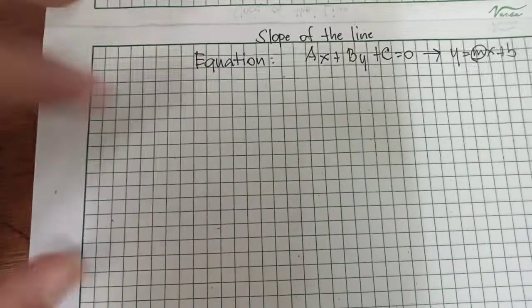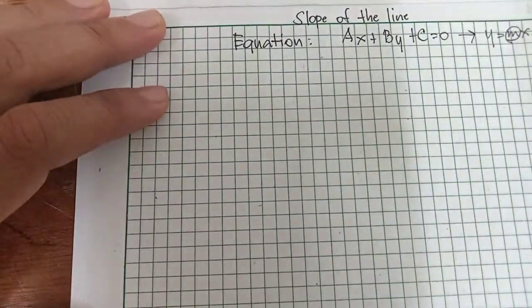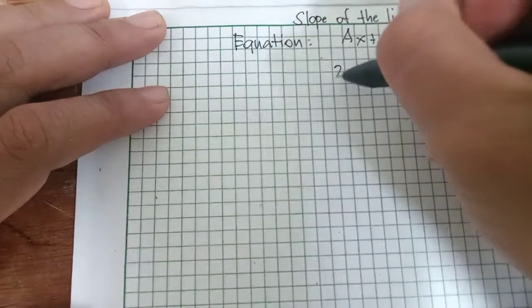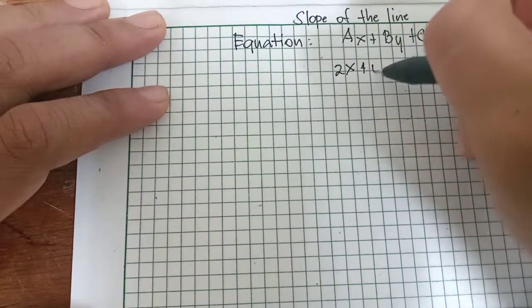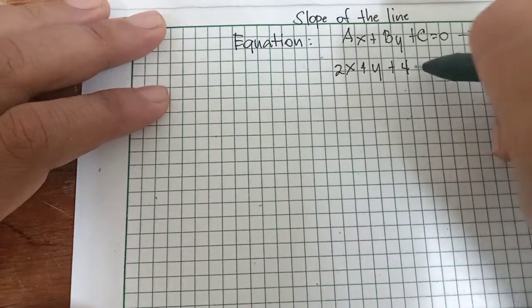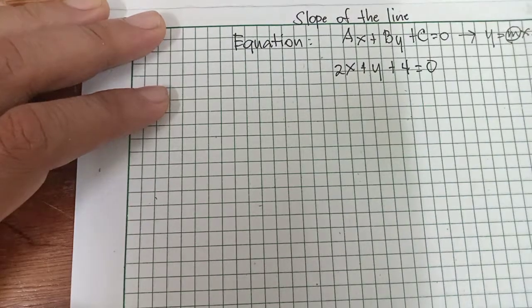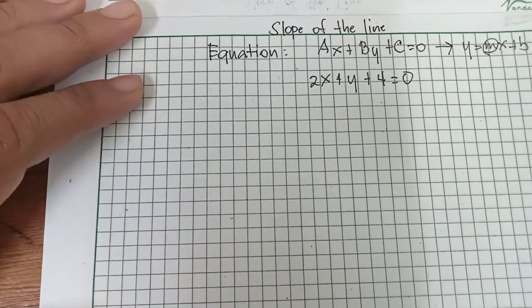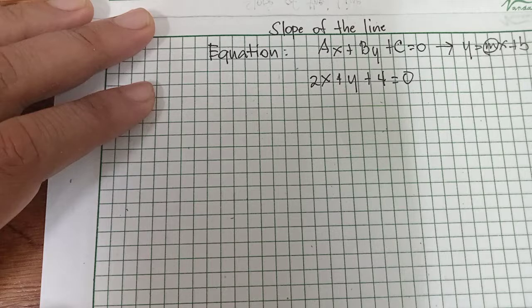So let us go directly to an example. What if I have an example like this one? 2x plus y plus 4 is equal to 0. How are we going to solve for the slope of the line?